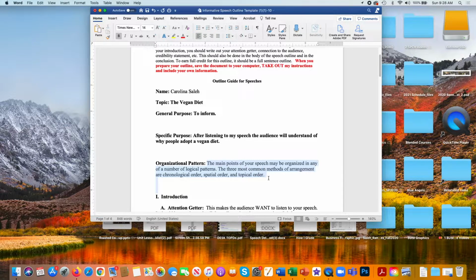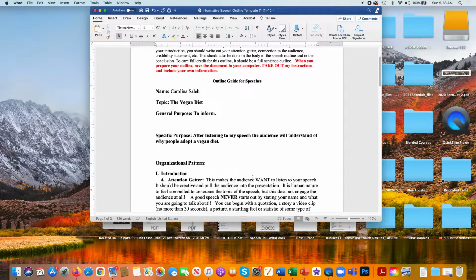So I'm going to go ahead and delete the instructions, and I'm going to go ahead and type the organizational pattern that I'm going to use, topical order. Again, I have this boldface. You don't need to have it boldface. So again, this is a Word document. So just include your information, type in your information.